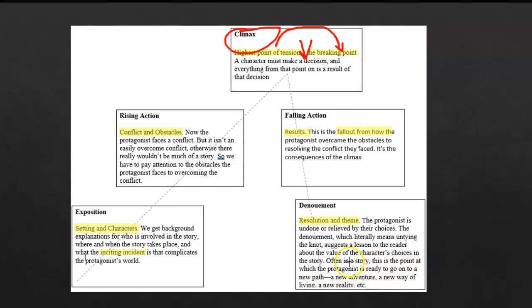The story here ends and the character is ready to go on to do something different. You've seen movies, you've read books where it comes to kind of an end and you can say to yourself, oh, I see a sequel coming out of this. That's the new chapter. That's the new book. That's the new movie version coming up.